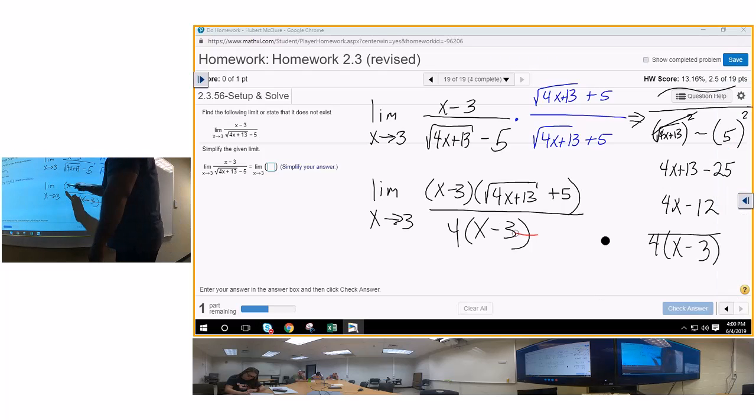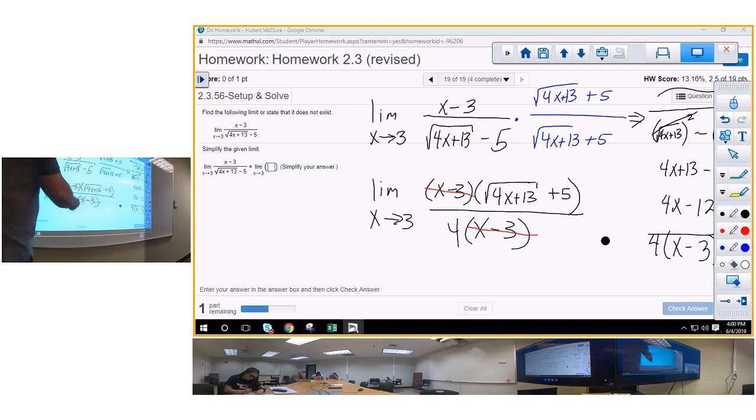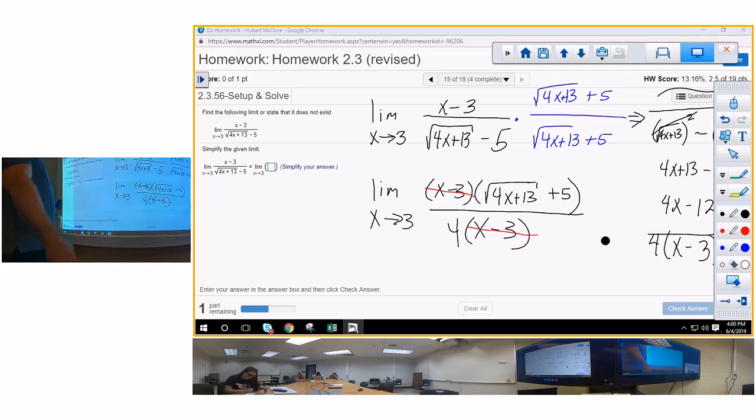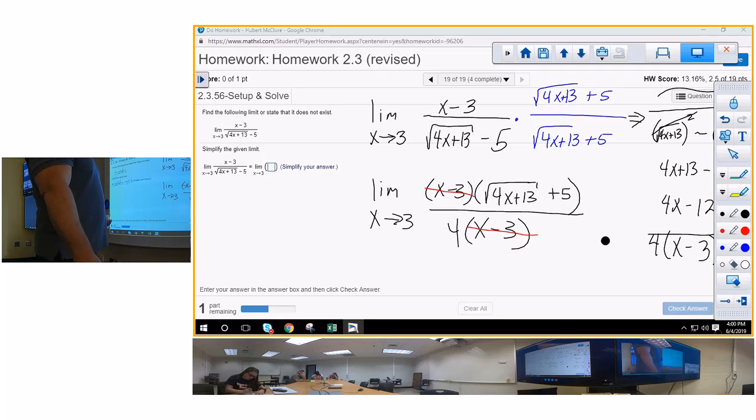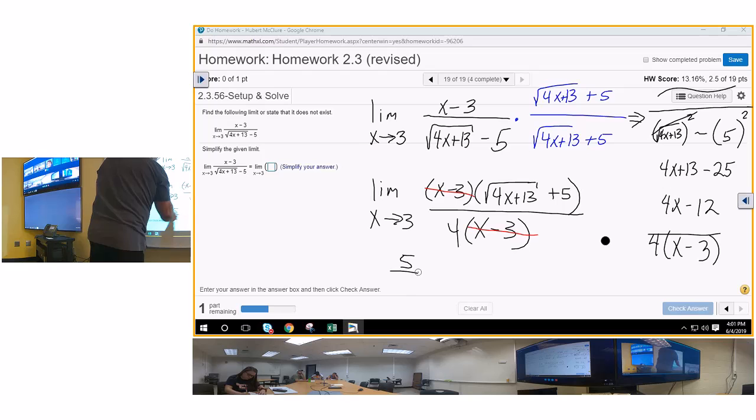And you're left with something you can do. And of course, 4 times 3 is what? 5 plus 5 is 10. 10 over 4 is what? 5 halves?